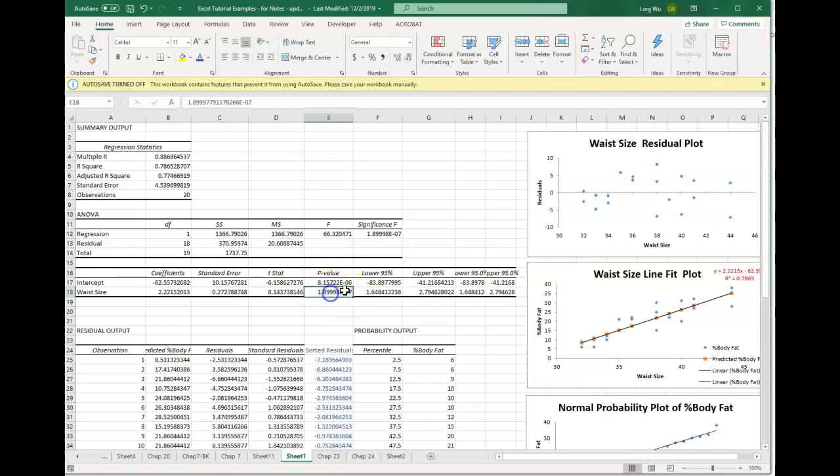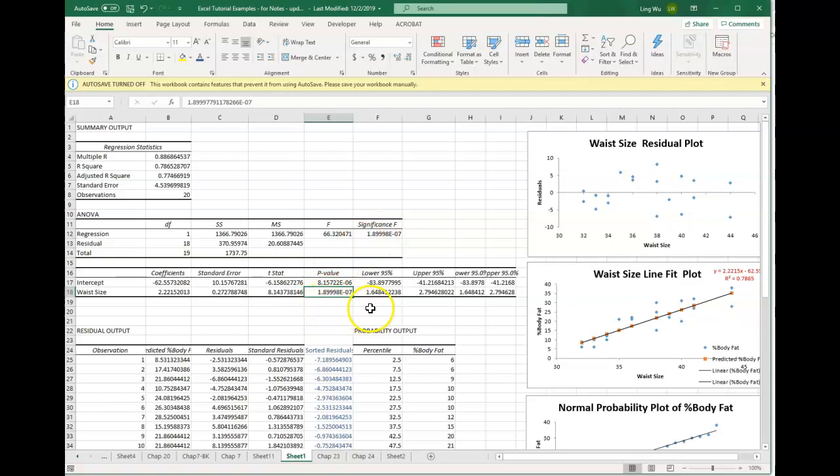You probably see this value is matched with this one. So make sure in the questions, sometimes we ask you the test statistic is the T value. If the question asks you for the F value, that's the F value, but the P value is the same.